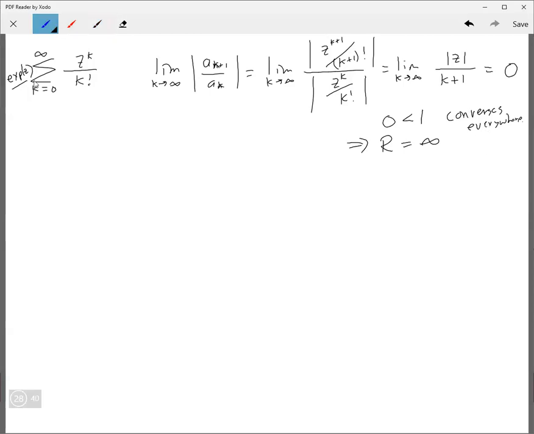Okay, so that's the first, and this is a function that you need to know how to do. Okay, this next one will be this right here, k squared z to the k.